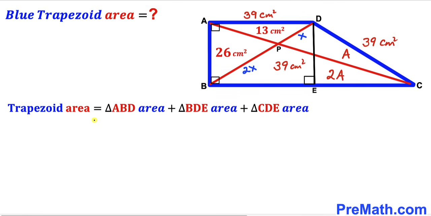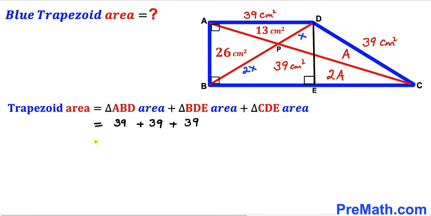So we are going to fill in the blanks in this equation. Our triangle ABD area is 39 plus the triangle BDE area is 39 plus finally the area of the triangle CDE is 39 as well.